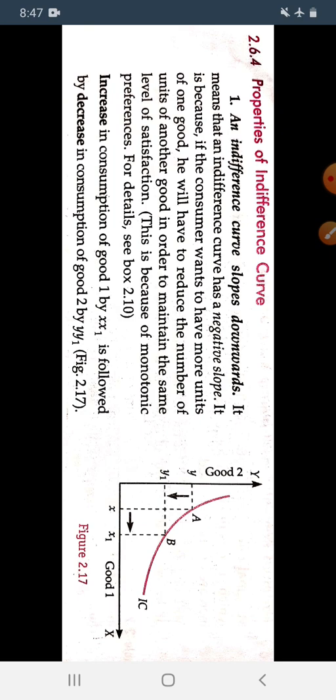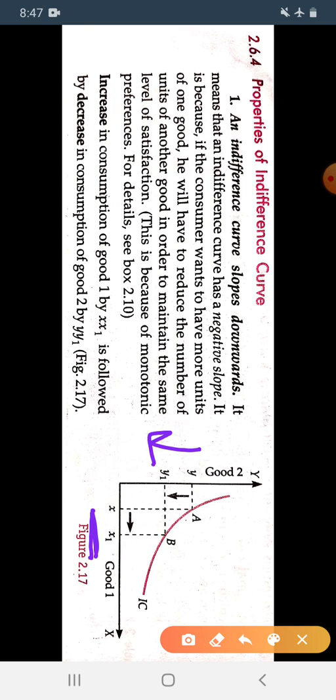An increase in consumption of good 1 by x1, see in the diagram, is followed by a decrease in the consumption of good 2 by y1.